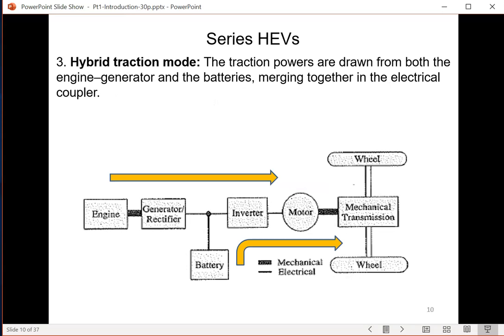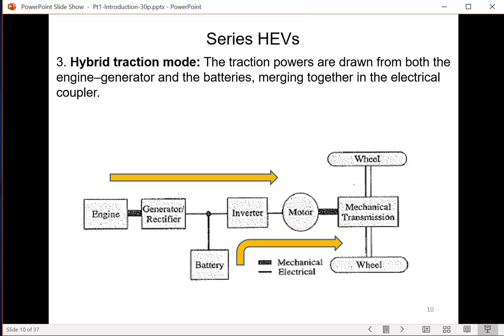The third mode is called hybrid traction mode. In this case, the battery has already stored some energy, and the engine is also producing energy. Now, the motor is probably working very hard, for example driving at high speed with a lot of running resistances, or accelerating fast, so it demands a lot of power.